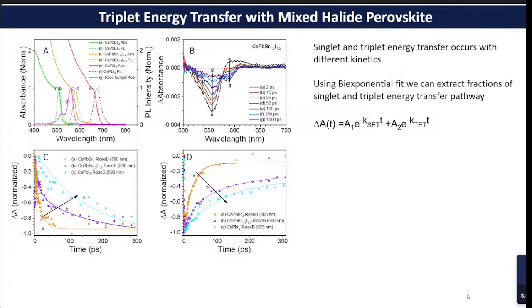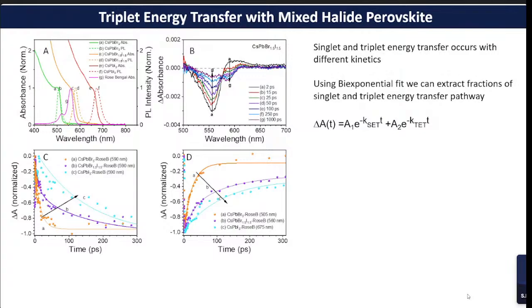If you have singlet only, cesium lead bromide, it's very fast. If it is triplet, it is slow. But the one in between, 50-50, you have a fast and a slow, which means both processes are occurring at this intermediate gap.